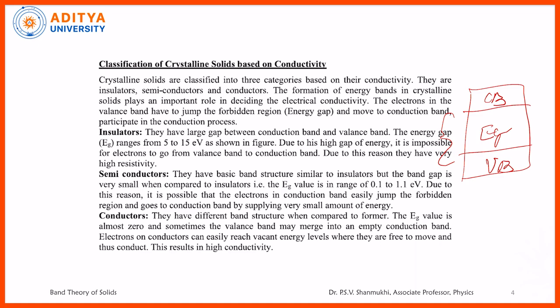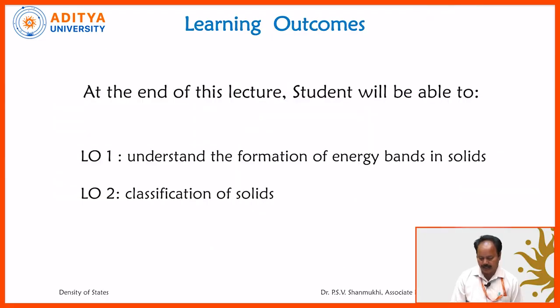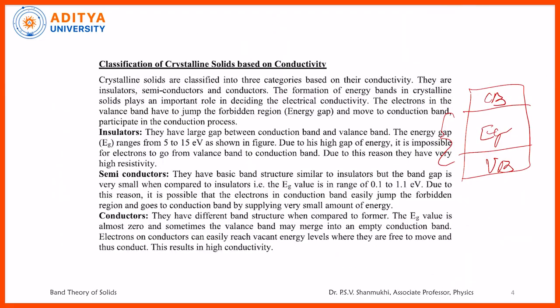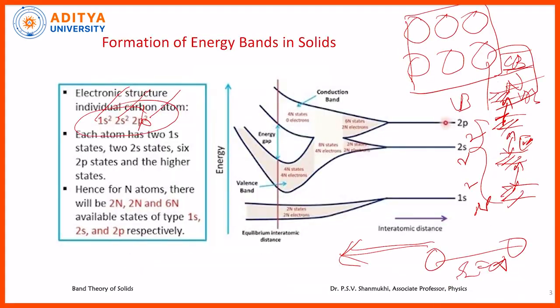This energy gap, or the energy bands, are explained based on the formation of energy bands in solids. So, coming to the summary, in this article we have discussed how the energy bands are formed in solids. When the atoms are very far apart, there is no interaction. Whenever they are brought very close, because of the interaction, energy bands are formed.